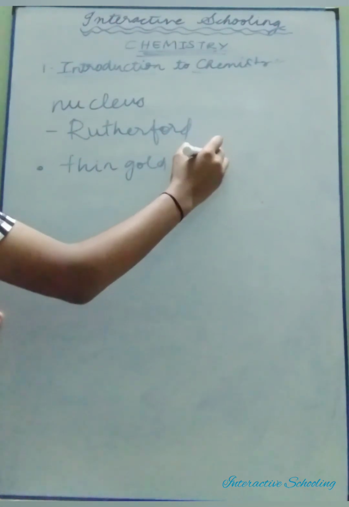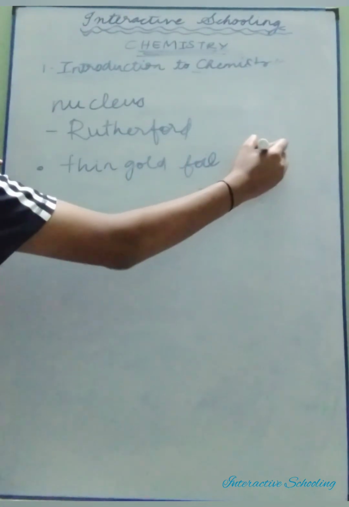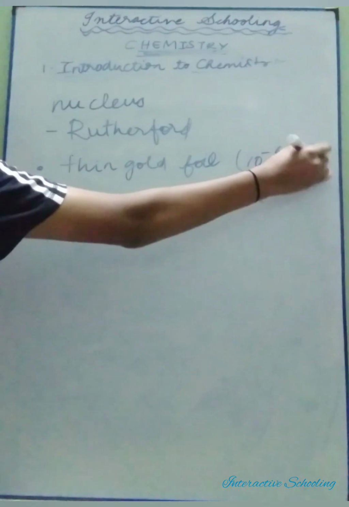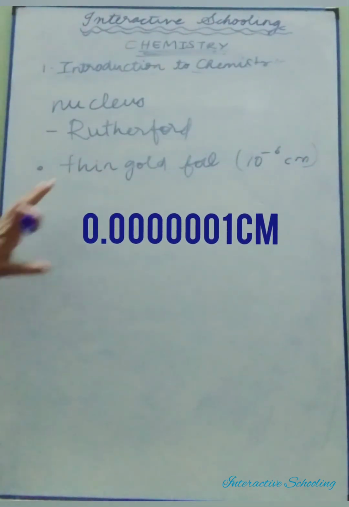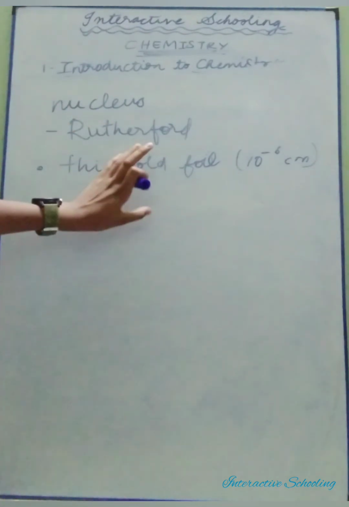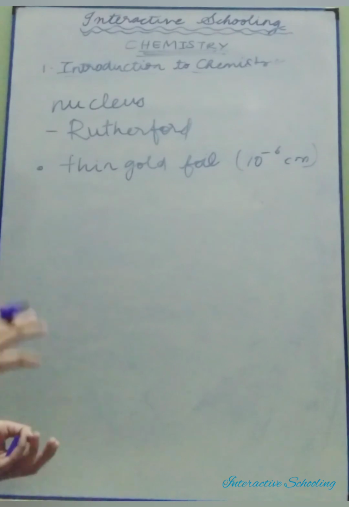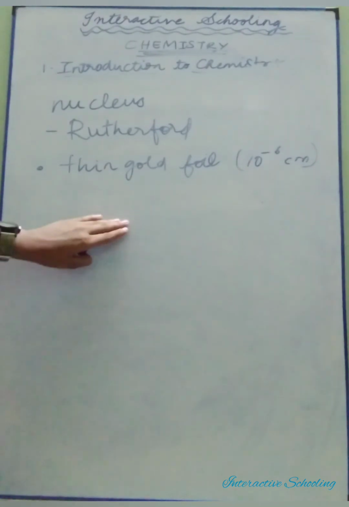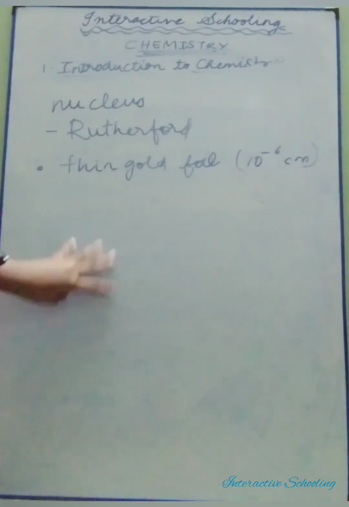Thin means don't take like this much or something. Its measurement was 10 to the power minus 6 centimeter, that is 1 millionth of a centimeter. It was that thin. And why he chose gold was because of its high malleability. What is malleability? It's the property of a substance to be beaten into thin sheets. So gold is a highly malleable metal. That's why he chose this for the experiment.